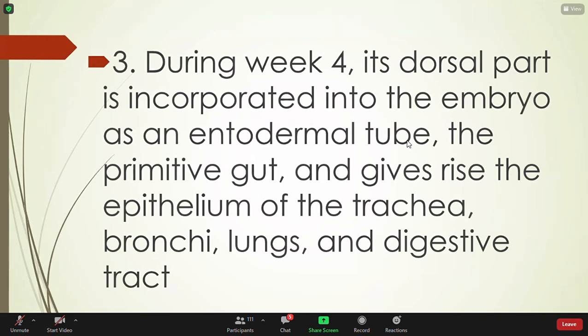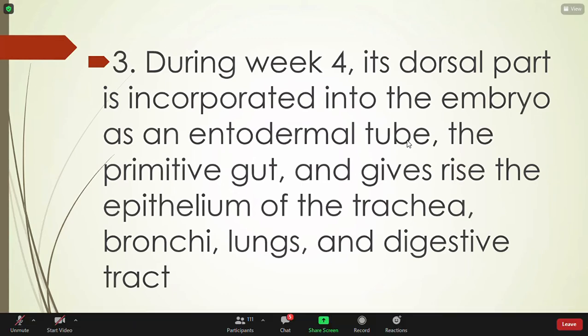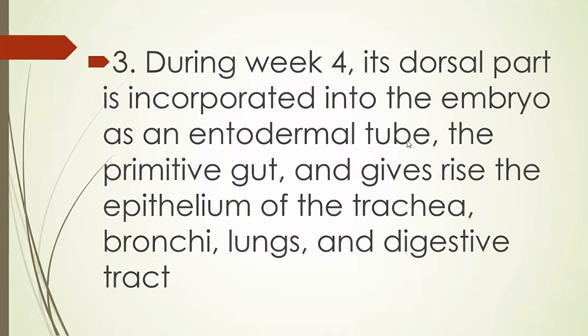So the primordial germ cells will initially come from the yolk sac before they go to the ovaries, or the testes in the males. Okay, what is the fate of the yolk sac?